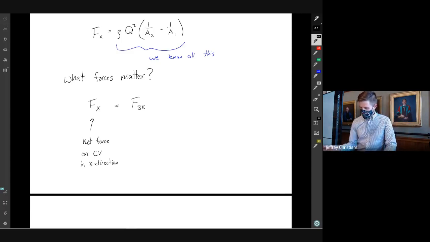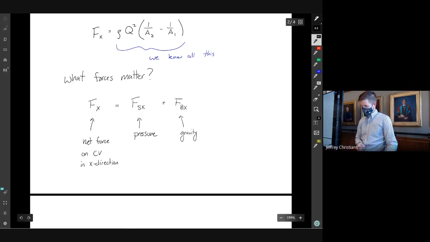It's made up of a couple components. The first one is pressure. The second one is gravity. That's simply the weight of the fluid inside of our control volume. And the last one, which we'll call Rx, is the reaction force.